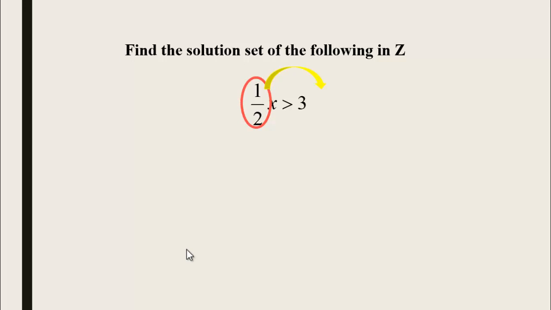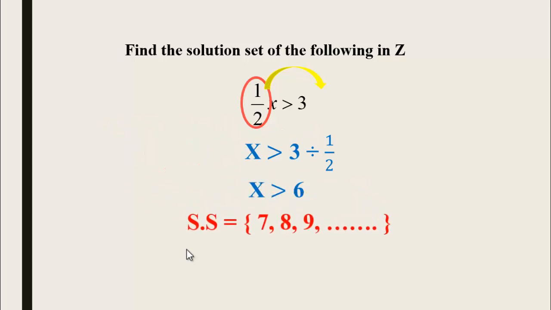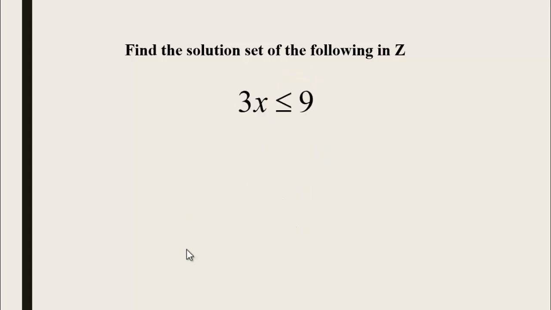It is half times x, so I am going to make it divided by half. x is greater than 3 divided by half. x is greater than 6. What will be my solution set here? My solution set here is all the integers which are greater than 6. So my solution set is the set 7, 8, 9, and so on.